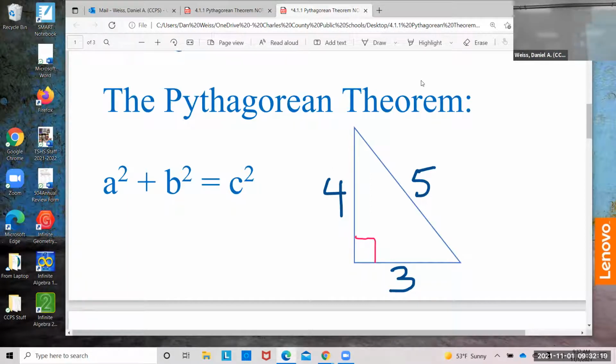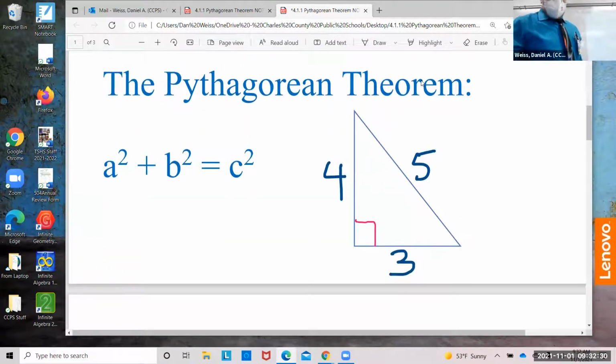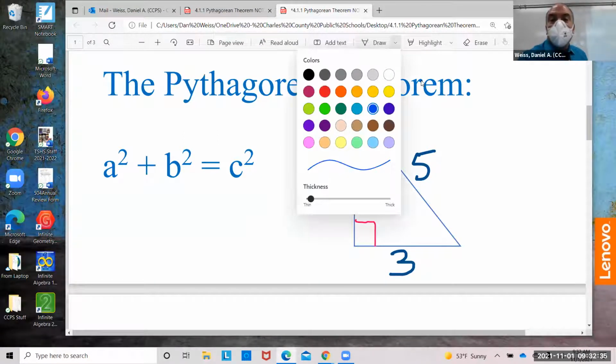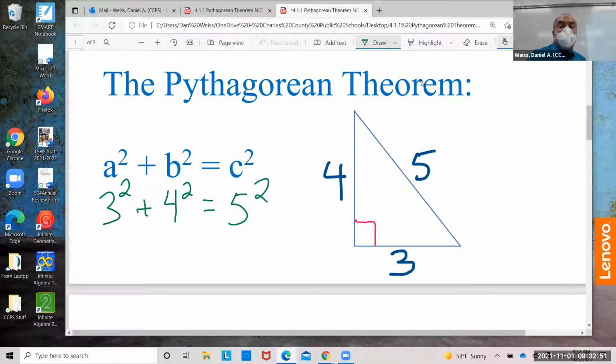For example, if this is 3 and this is 4, this will have to be 5. We'll do this example. 3 squared, if 3 is A, plus 4 squared equals 5 squared. 3 times 3 is 9. 4 times 4 is 16. 5 times 5 is 25.